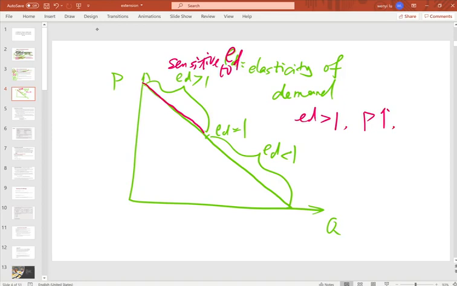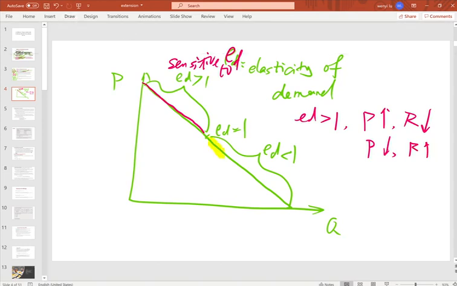They're not willing to buy this anymore. So revenue will go down. But if the price goes down, people are very sensitive to the price cut, so they will buy a lot more. The revenue will go up. That's for this part.